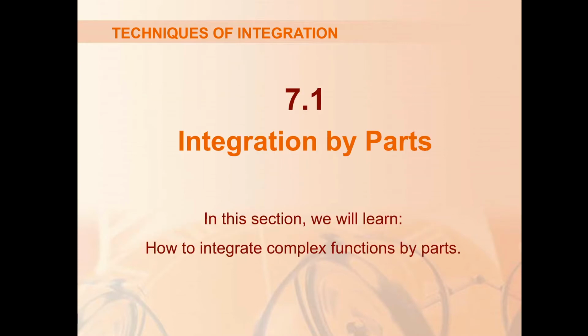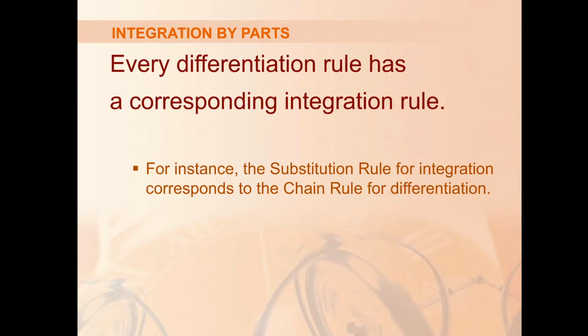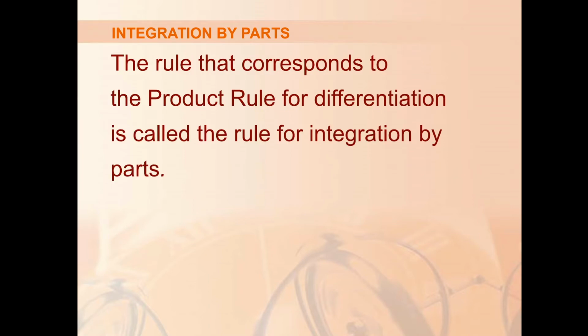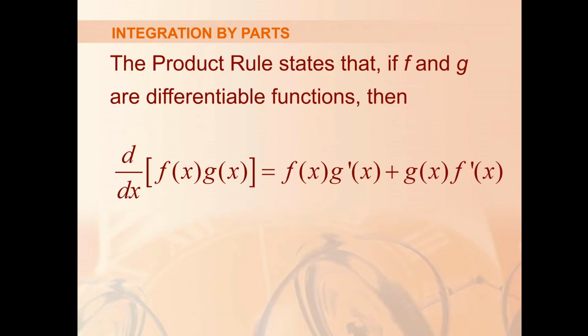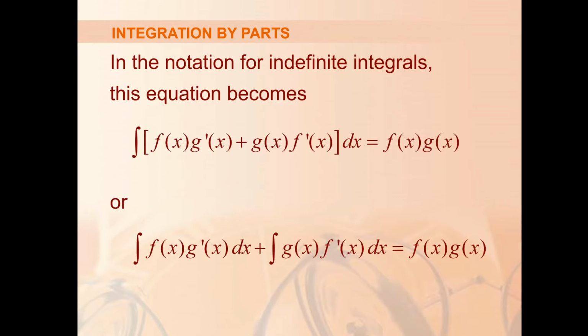Okay, so 7.1. Let me show you the way to come up with the integration by parts formula. Back to the product rule: d over dx of f of x times g of x is f of x, g prime of x plus g of x times f prime of x. If we integrate both sides, we get back f of x, g of x.